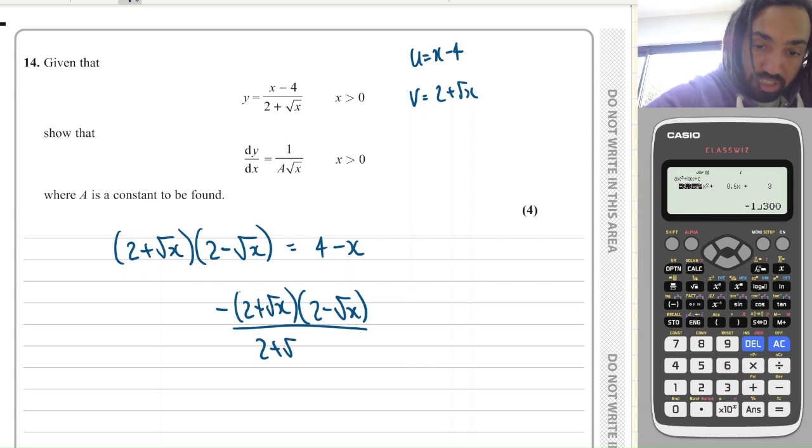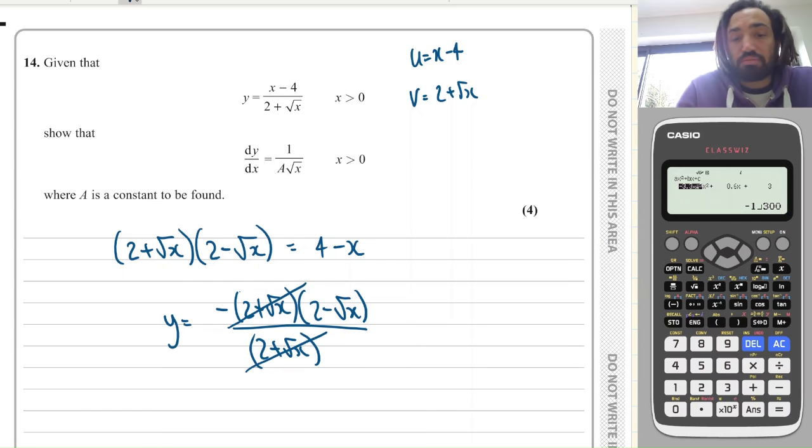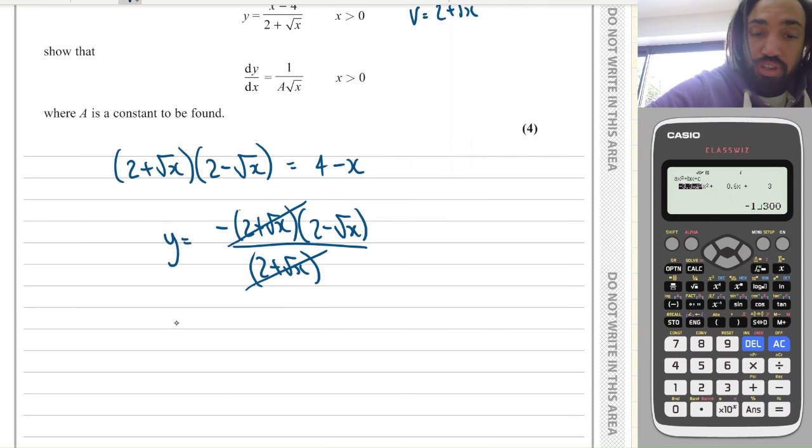And let's have the denominator as it is, and then let's cancel them. So that cancels with that. Applying the negative is going to give me root x is going to be positive and minus 2.